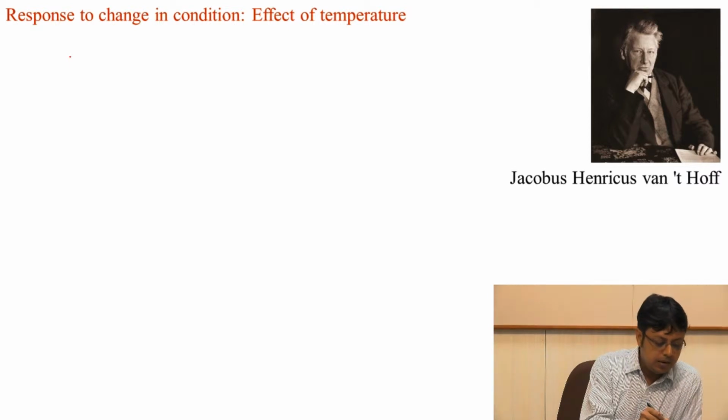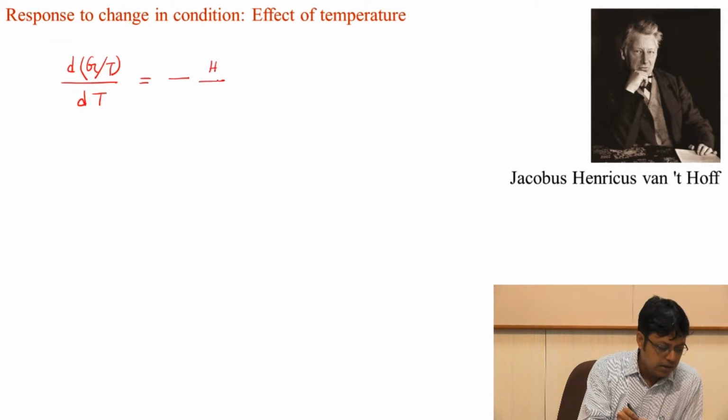If you remember, there was a Gibbs-Helmholtz equation which we discussed some time back, and that basically tells us that d(G/T)/dT is nothing but minus H by T square.